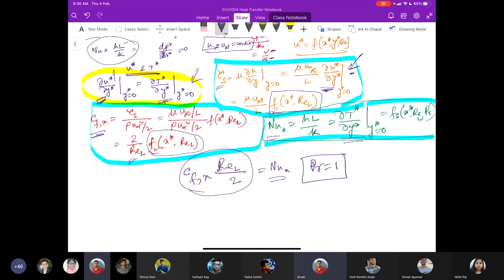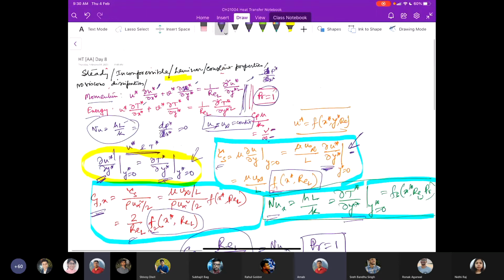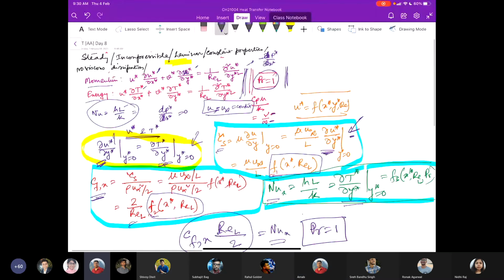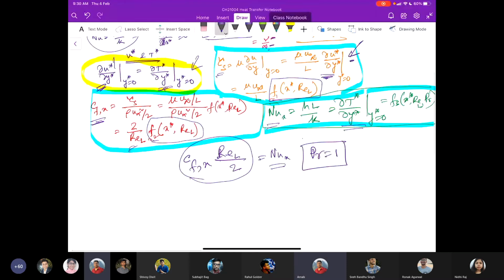And this relation, or this analogy, by looking at the similarity between the two equations, we call this the famous Reynolds analogy.